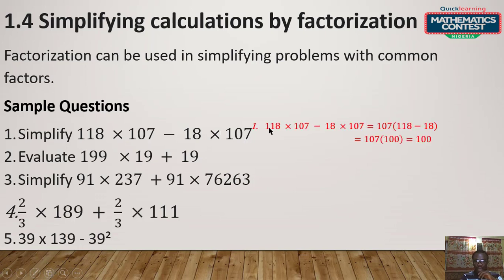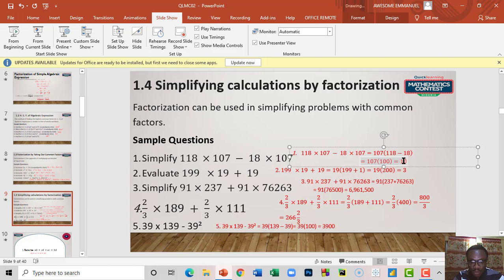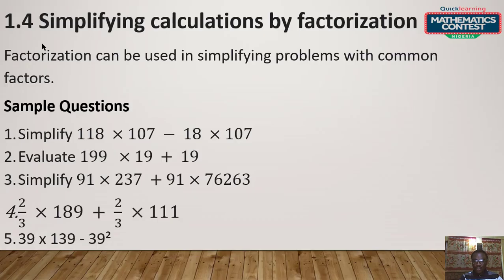If we factor 107 out, what is left is 118 minus 18. 118 minus 18 is 100, and 100 multiplied by 107 is 10700. That is the first one. Now the second one too.